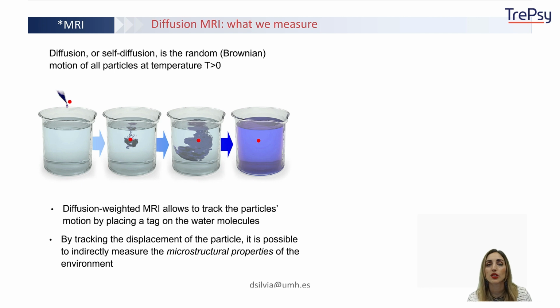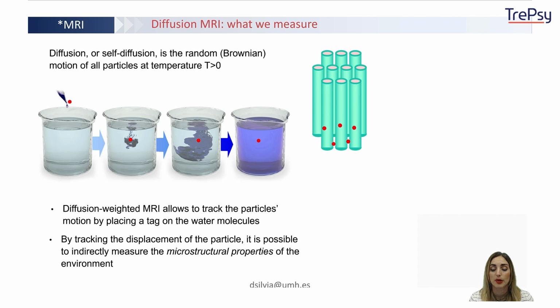And why is this important? Because by tracking how the particles displace in this environment, it's possible to indirectly measure the microstructural properties of such environment. For example, if the water molecules are diffusing in a geometry which is made of cylinders, it's much more likely that they will diffuse in the direction of the cylinder compared to the orthogonal directions.